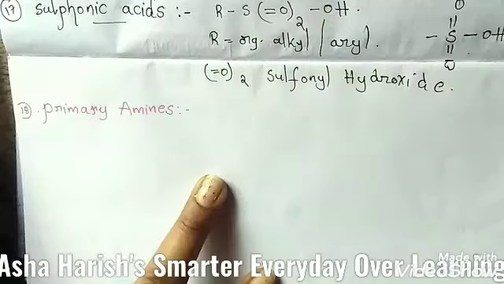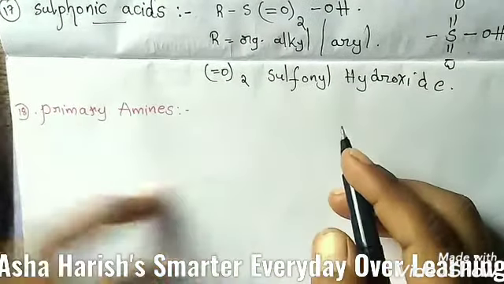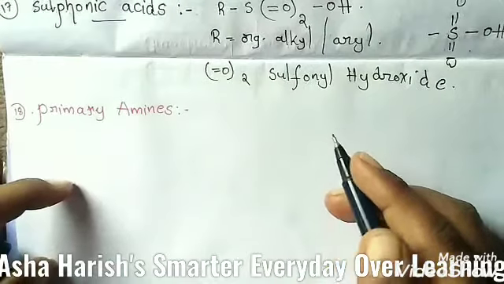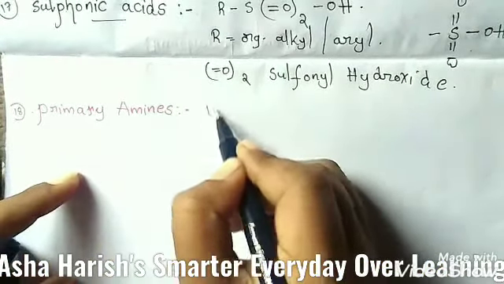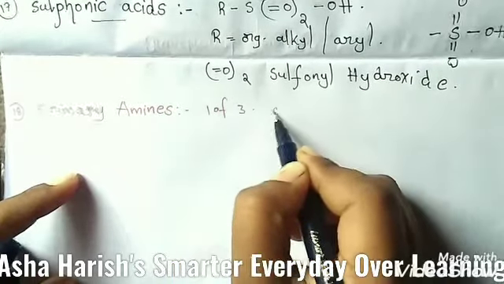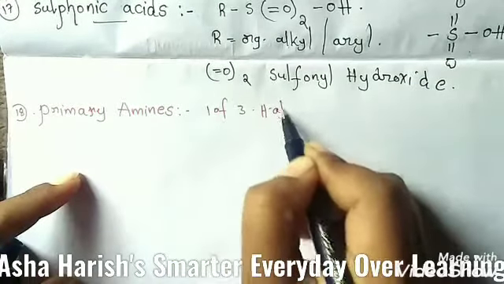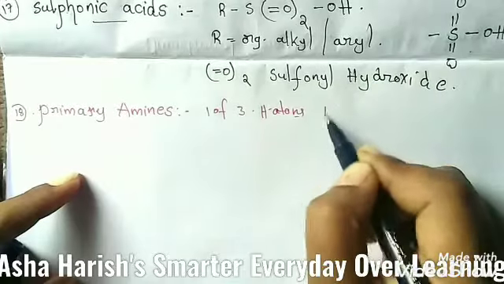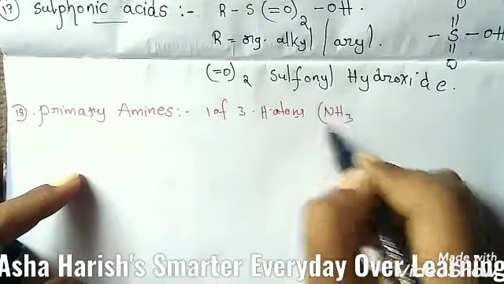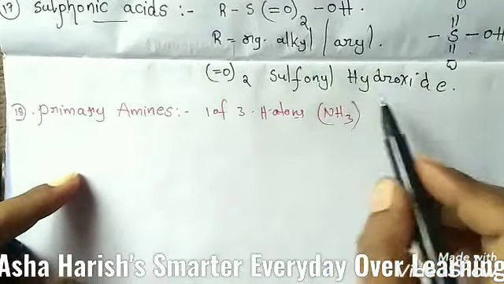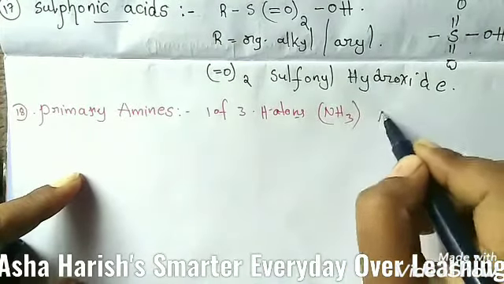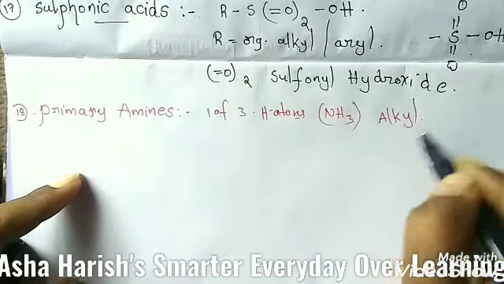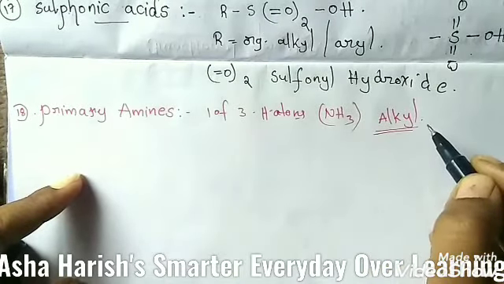And let's go for the next one, number 18, primary amines. Here you can say the definition of these primary amines. Here students, one of 3 hydrogen atoms of ammonia, a formula you know very well, ammonia, NH3, is replaced by an alkyl group or an aromatic group.